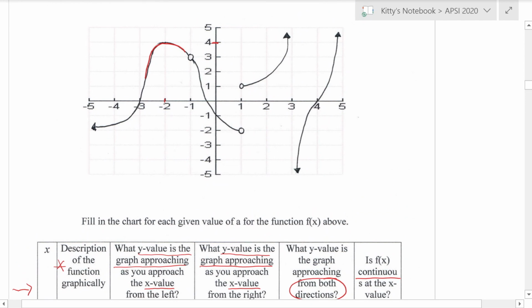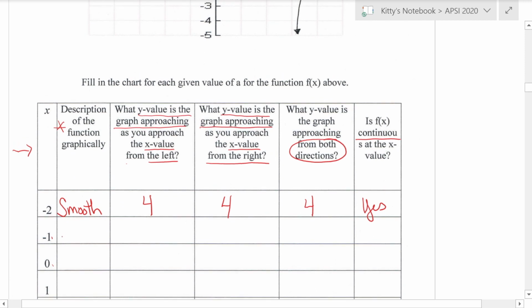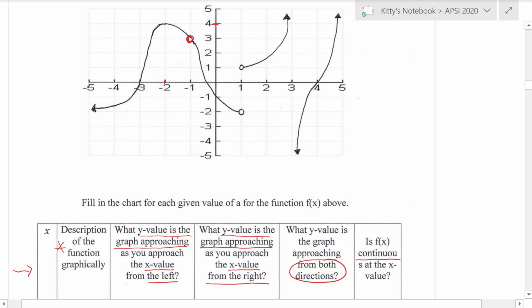I'm a little scared about this one. All right, first of all, let's find out where -1 is. It's right there. It's that hole right there. So if I'm going to describe this, I'm going to say there's a hole in the graph. But as you come into this graph from the left and from the right, you are still approaching that value that would be there if it could be there, which looks like 3.